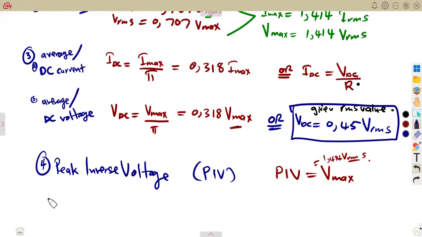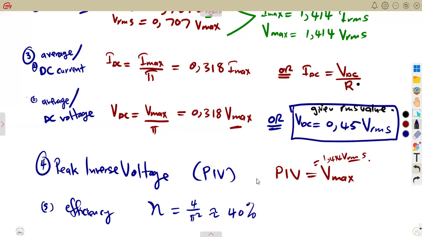Then you also talk of the efficiency, which is another important part. I'm going to refer to some calculations so that we'll see where these were taken from. At the end, it's going to be 4 over pi squared, which is approximately 40%.